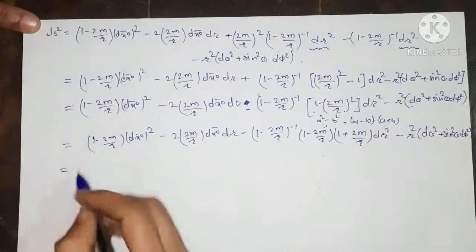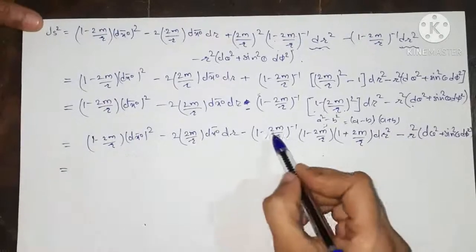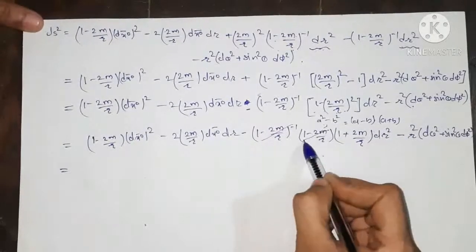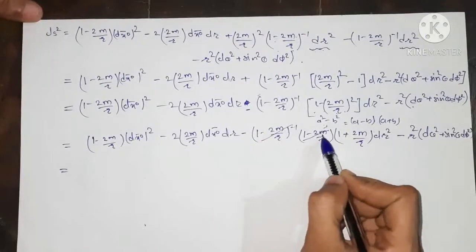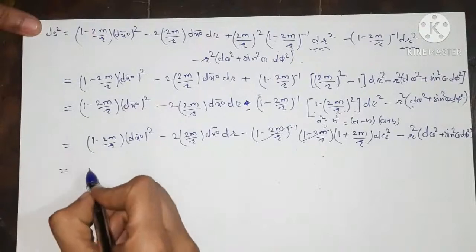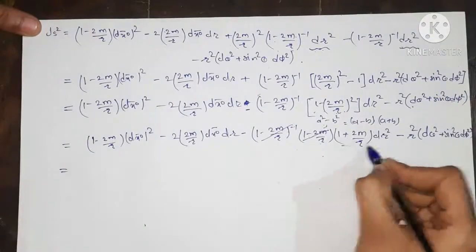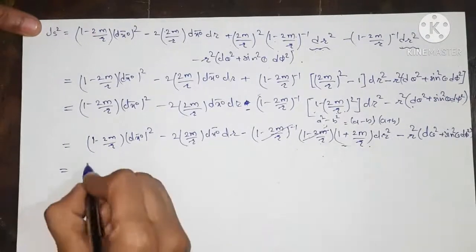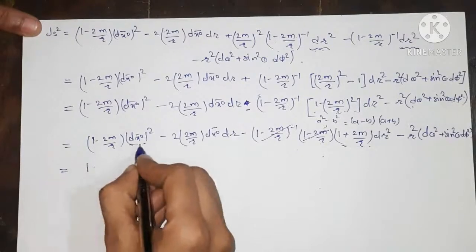This is equal to, now here (1 minus 2m/r) gets cancelled because here it is inverse and here it is a bracket (1 minus 2m/r). So here we remain with (1 plus 2m/r) dr squared. So we can separate dx0 square with this.